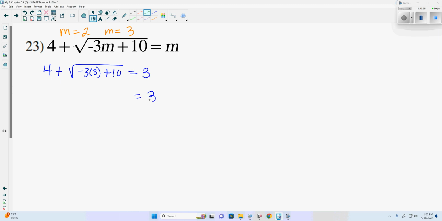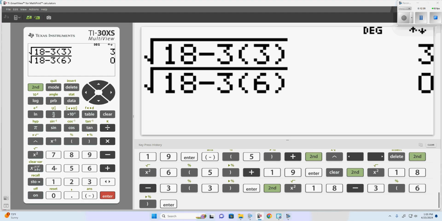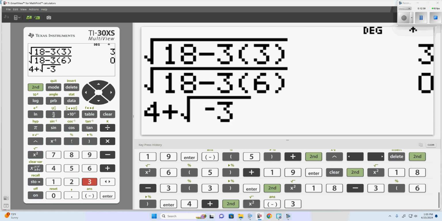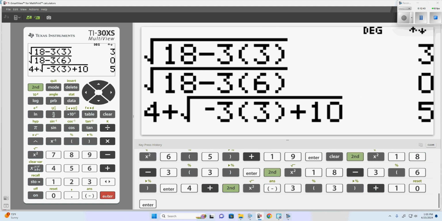Now, the right-hand side's nice because it's, well, just 3. 4 plus second square root negative 3 times 3 plus 10 is, check and see if you did minus instead of negative.